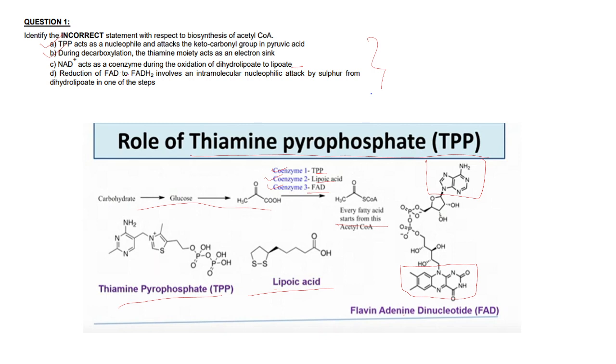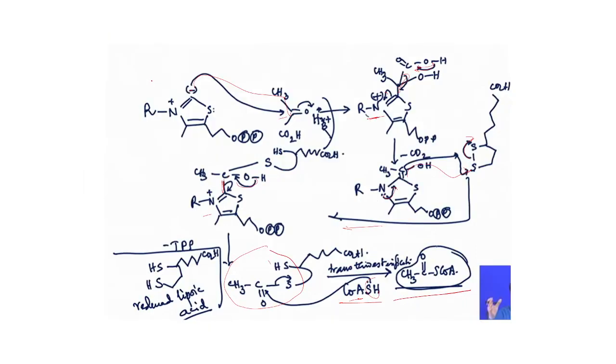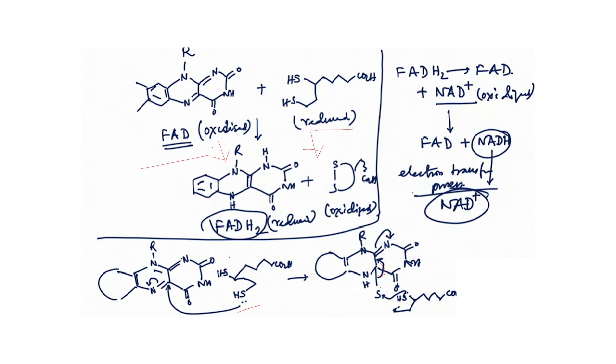Then reduction of FAD to FADH2 involves an intramolecular nucleophilic attack by sulfur from the dihydrolipoate in one step. You can see here this is FAD and this is FADH2, and this is a one step attack.